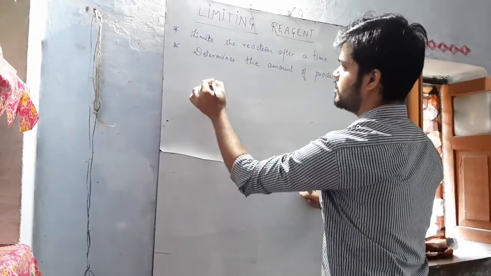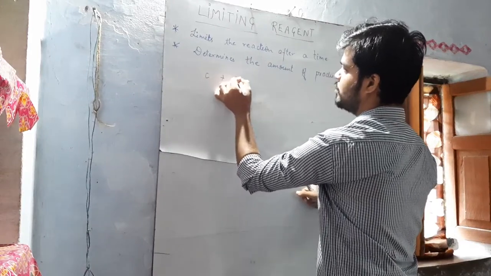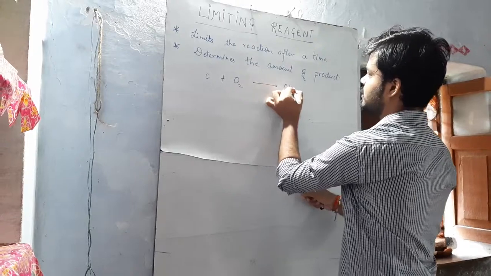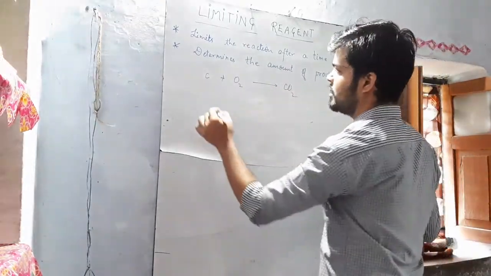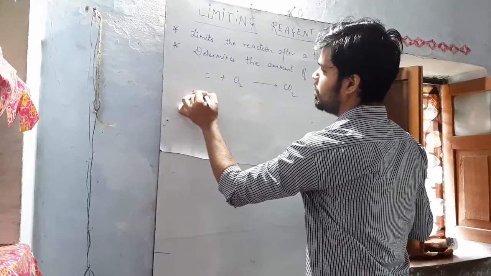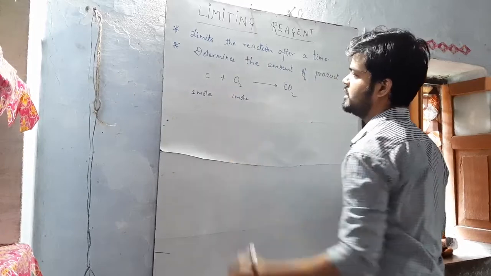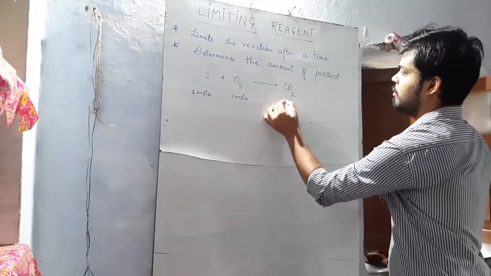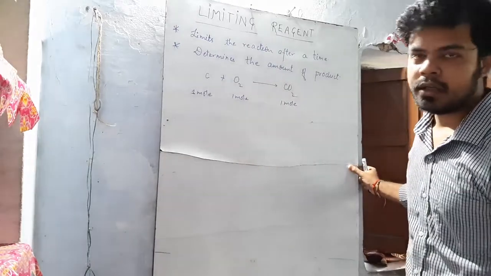Suppose we have a reaction here, C plus O2 gives CO2. As we can see in a balanced chemical equation, 1 mole of carbon reacts with 1 mole of oxygen to give 1 mole of carbon dioxide.